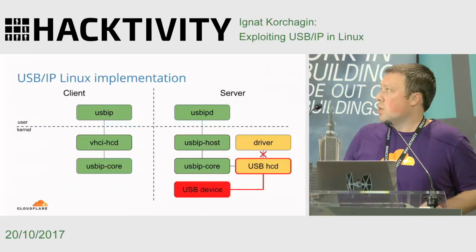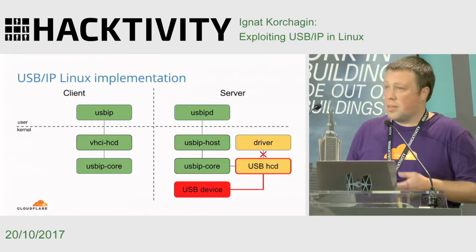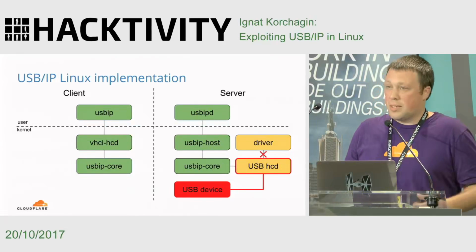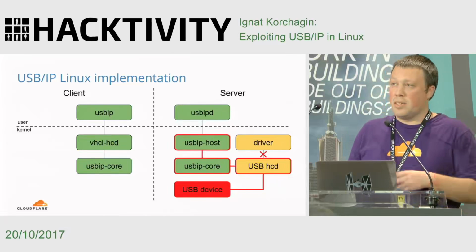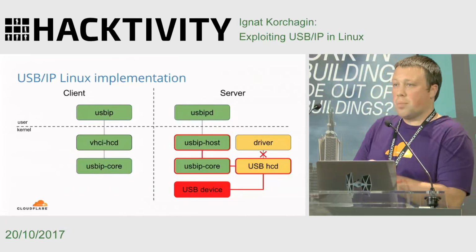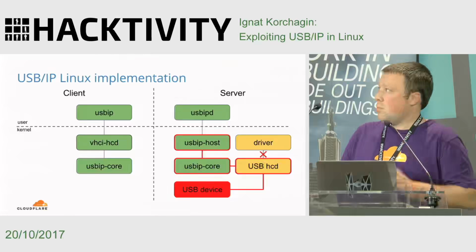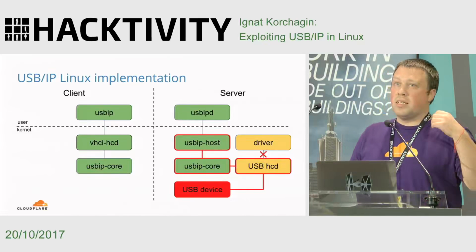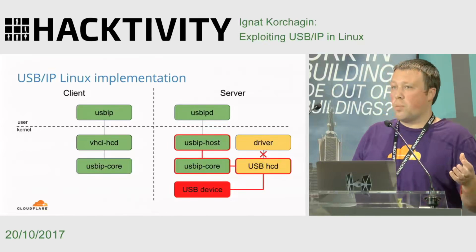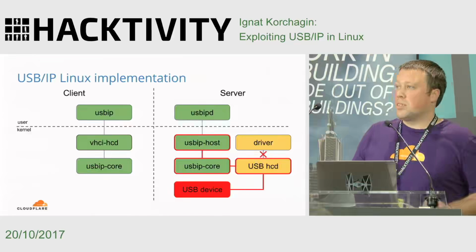Under the hood, the USB host controller driver disconnects the real device driver and starts forwarding all your URBs, these small USB packets, to the USB IP framework. Yeah, and it stops there for some time. So the device disappears from the server's operating system, but since we have no client, nothing happens, so it stays this way.